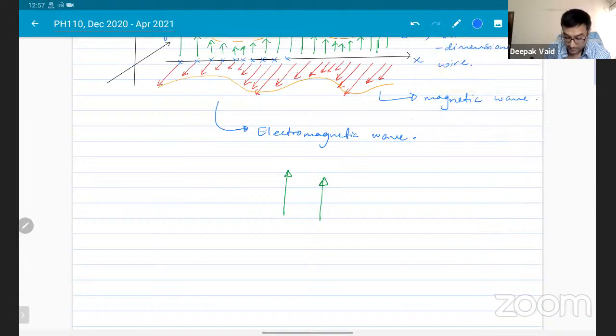So this point is x, this point is x plus delta x. And now I draw the same loops that I drew earlier, right? I drew a loop like this in the xy plane for x, but I draw another loop over here in the xy plane for this point.